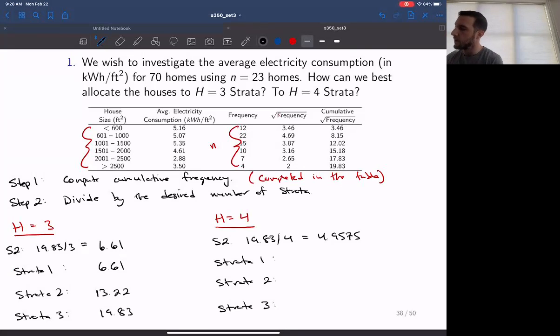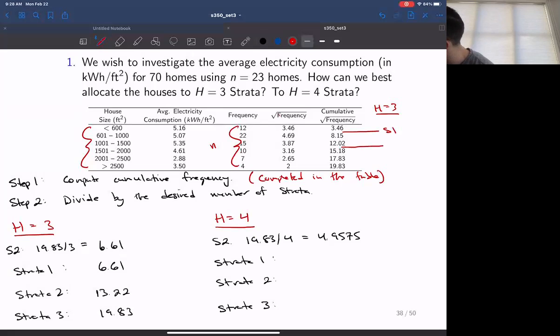So now what we do is we look at the cumulative frequencies. Just make sure I have that correct. Okay, and we basically just split the cumulative square root of the frequency at those different cutoff levels. So for example, if we consider h equals 3 here, the first cutoff would be right here.